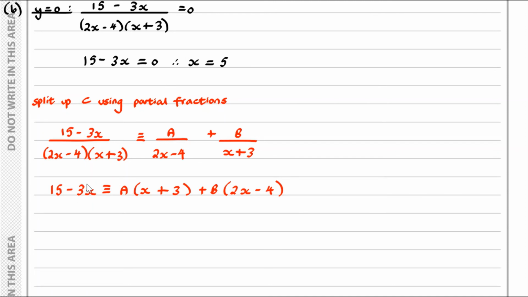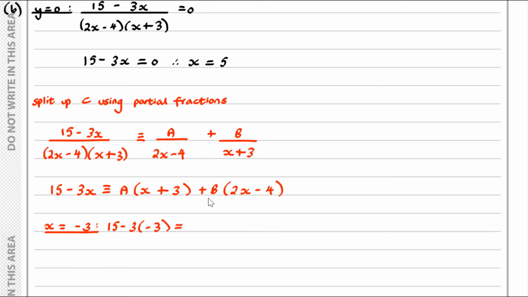We can compare coefficients, but the easiest way is to make these brackets equal to 0 to find the value of a and b. So for example, when x is equal to minus 3, we would have 15 minus 3 lots of minus 3.